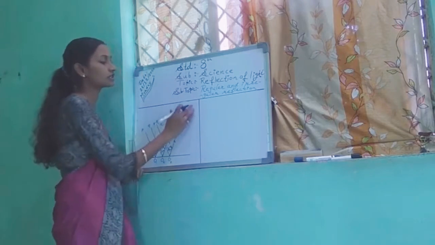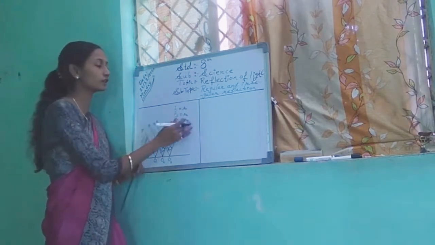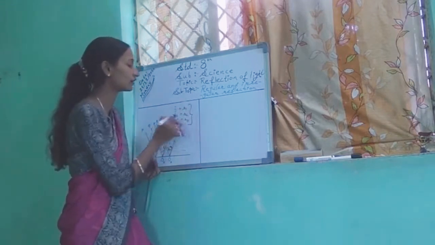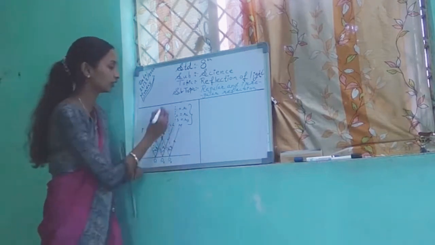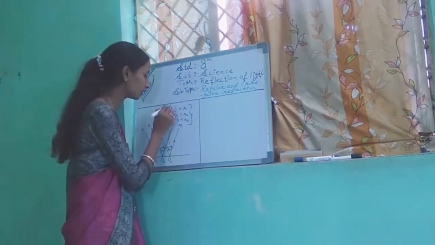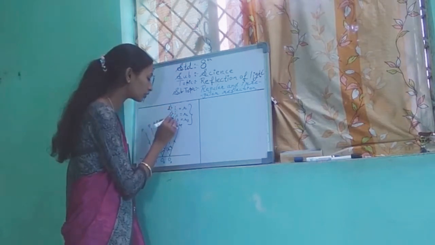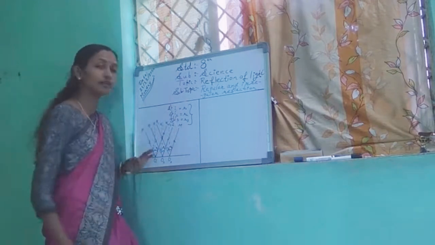As we have seen in the last lecture, the laws of reflection state that the angle of incidence equals the angle of reflection. So in all these three cases, it follows the laws of reflection, that is, angle of incidence equals angle of reflection.